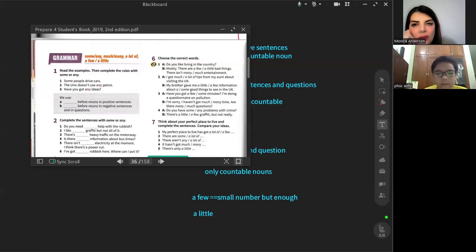Few is just for countable nouns with an S. So a little information about some good things. We don't say "a good things" because "a" is singular, so it's some good things, okay?